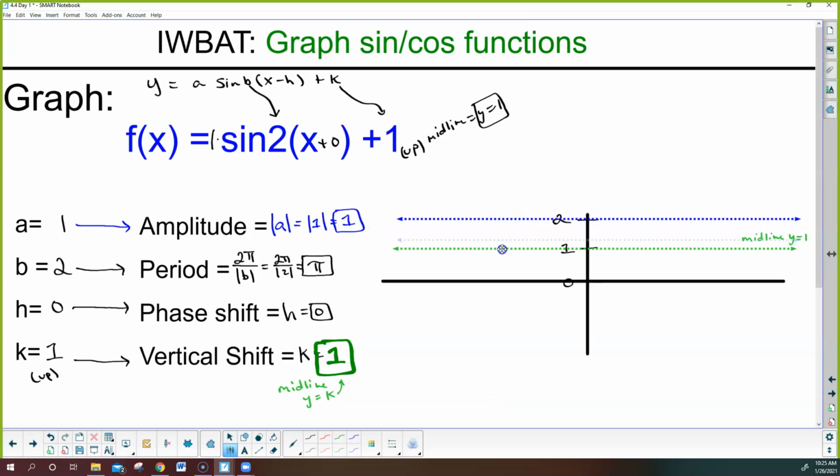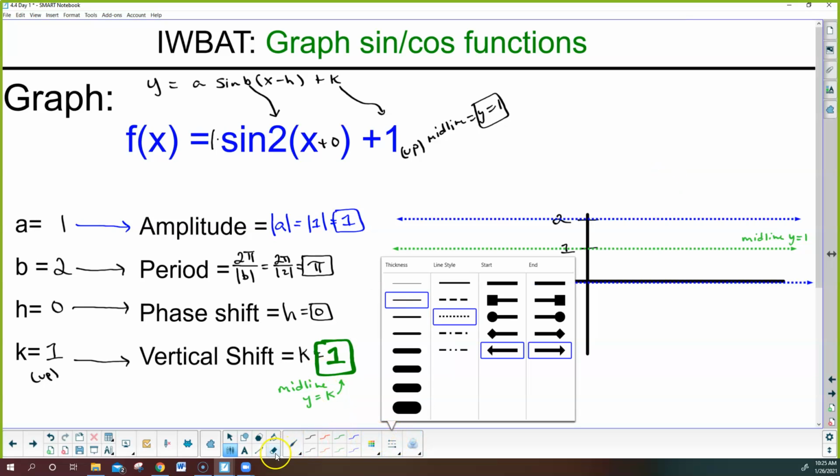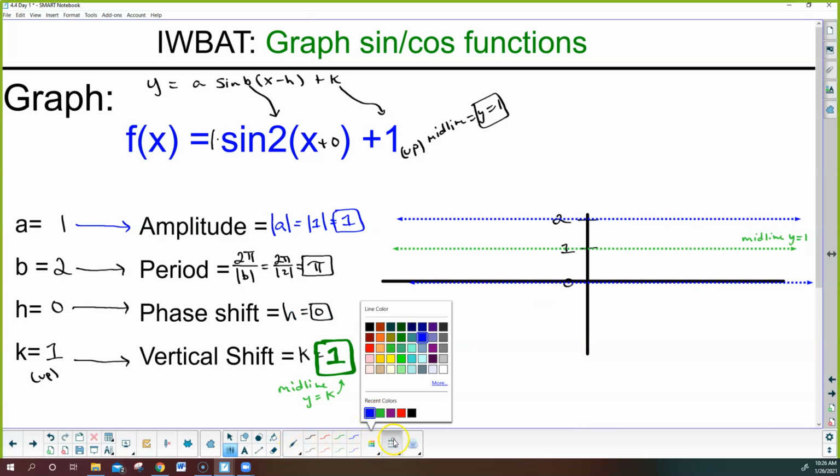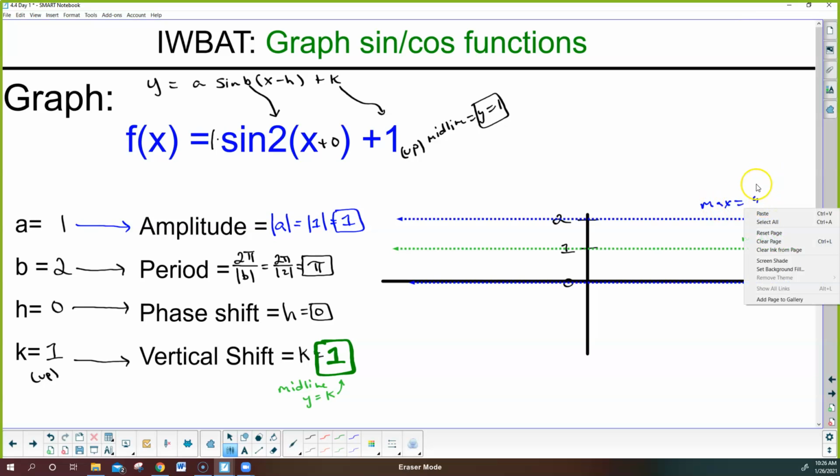And then I'm going to go 1 below the midline. So if I take the midline and go 1 below that, it doesn't show up perfectly. I'll put it off just a little bit. But now you can see where your max and min occur. So my max is at y equals 1.